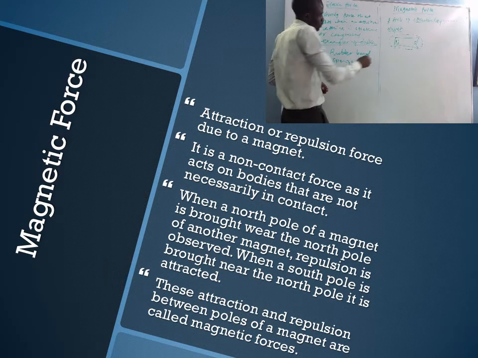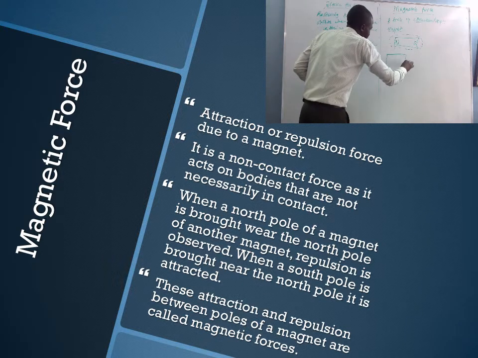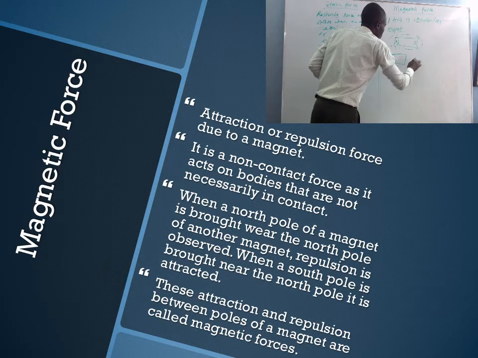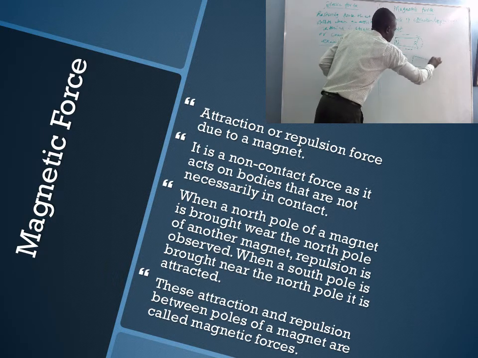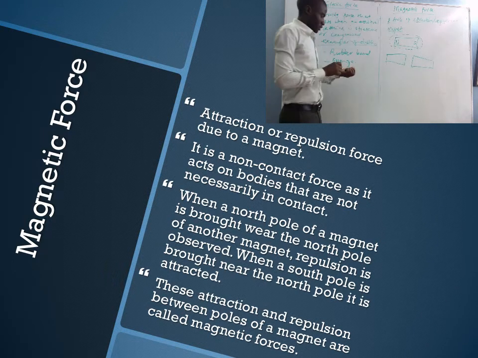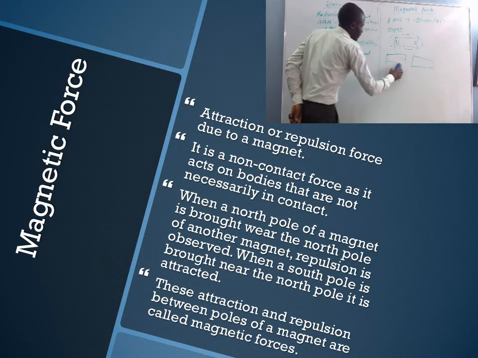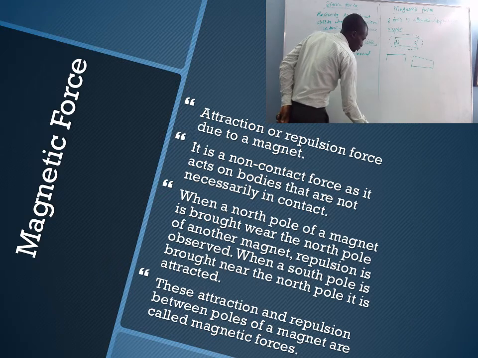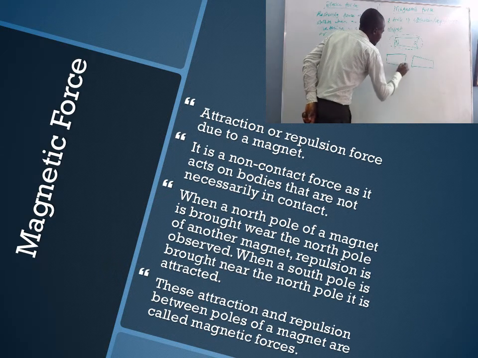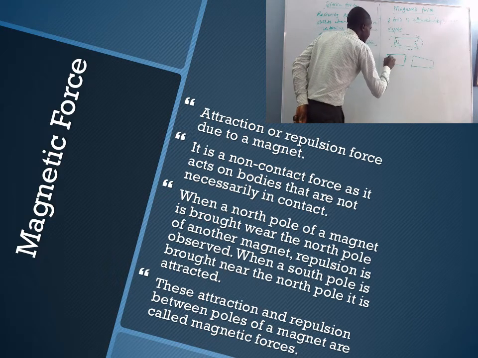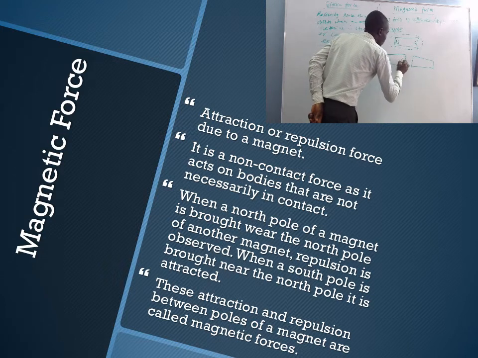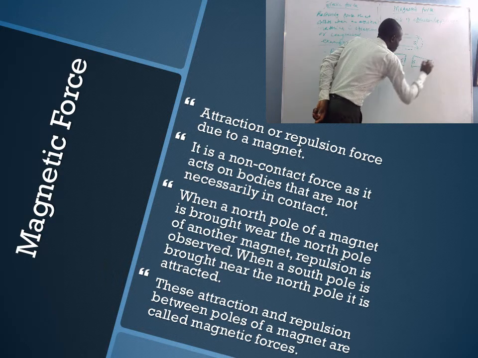So, what happens if we have two bar magnets which are brought closer to each other but not touching? On one, one side is a north pole and the other is a south pole, and on the other magnet, this side is a south pole and the other is a north pole.